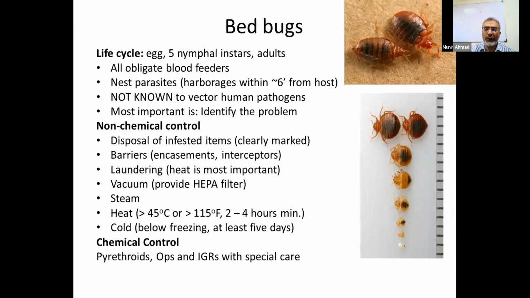These insects generally suck blood. They are pests, but they are generally not known to transmit any vector pathogens. These insects are very common in areas where conditions are more humid, like regions such as Karachi, Rawalpindi, Islamabad, and especially the northern areas, where indoor conditions are humid and cleanliness is not very common.